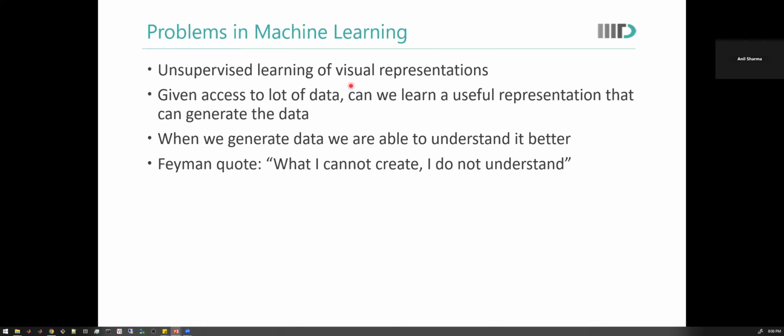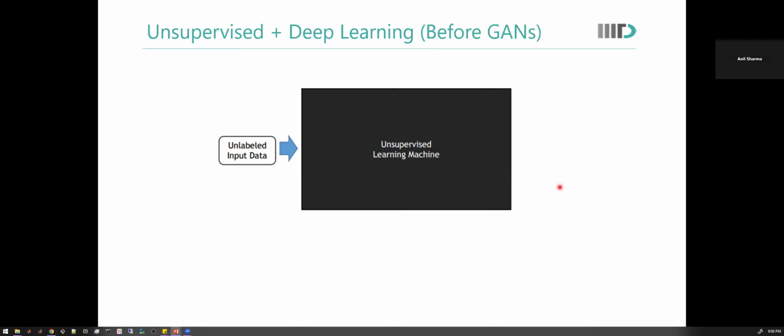And let's see what was the common model. If we talk about unsupervised machine learning, we were giving unlabeled image data, or any unlabeled data, not particularly images. There were many unsupervised machine learning models that were commonly used.